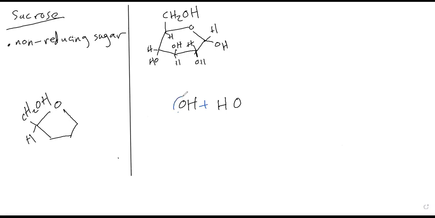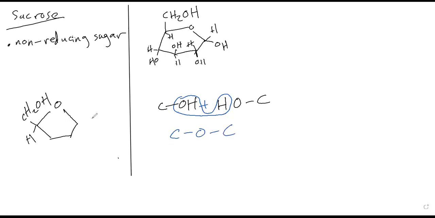Actually, let me just draw the carbon bond. We'd have a C bonded to an OH. Same thing here. And then you take OH from one of them and hydrogen from the next one, and so you'd have C bonded to this O, which is attached to this C.